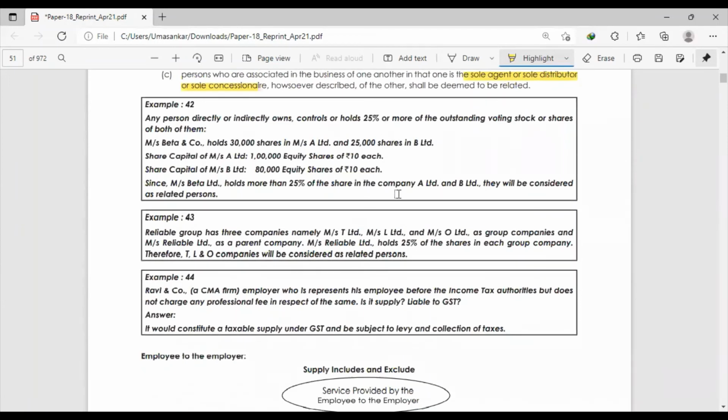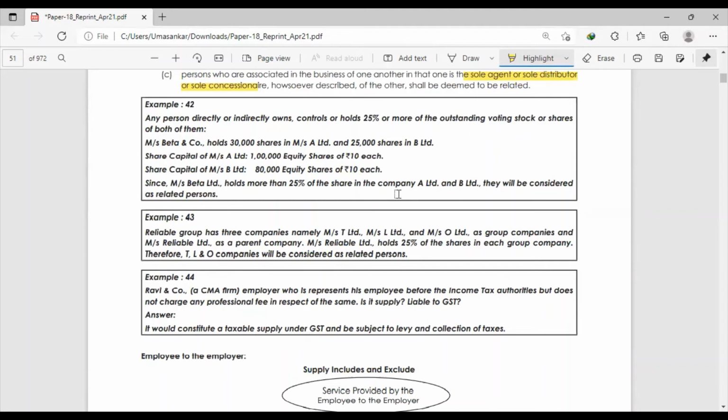Okay, here one example is there. Example number 42. Any person directly or indirectly owns, controls or holds 25% or more of the outstanding voting stock or shares of both of them. MS Beta Company holds 30,000 shares in MSA Limited and 25,000 shares in B Limited. Share capital of MSA Limited is 1 lakh equity shares of rupees 10 each, and 80,000 equity shares of 10 each in B Limited.